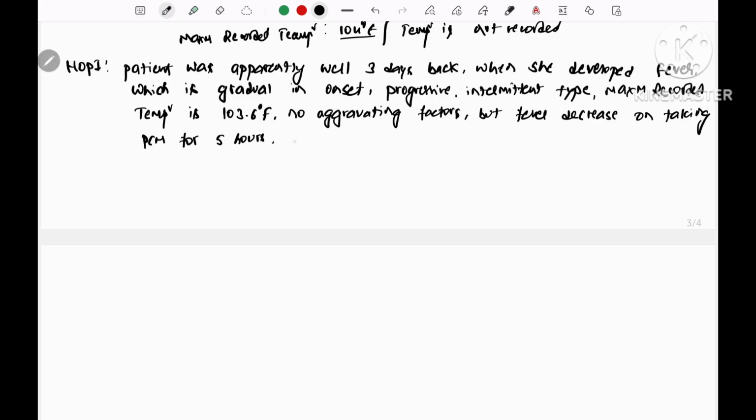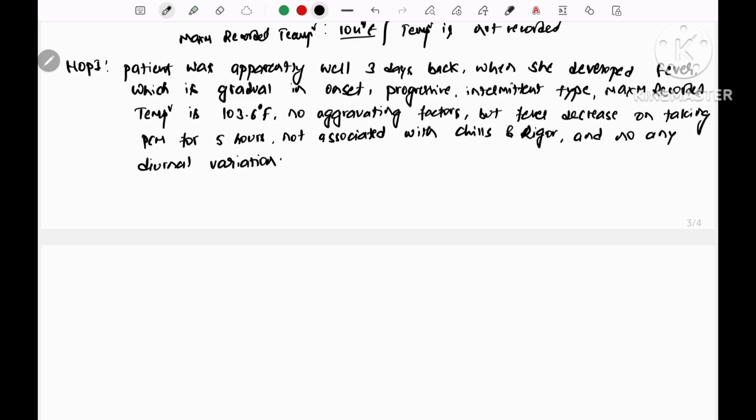We also have to mention that it is not associated with chills and rigors, and there is no diurnal variation. Why do we mention diurnal variation?